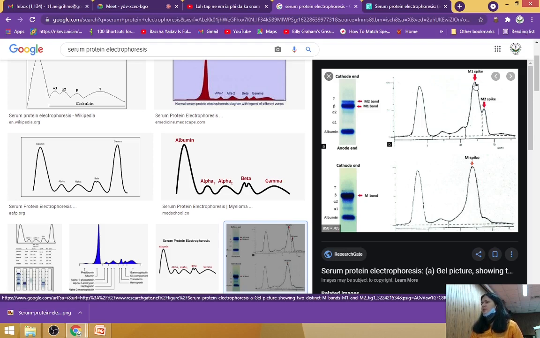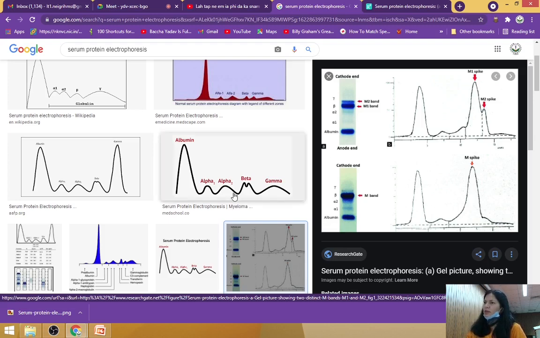But maximum time, the M band is present in the gamma region, and M stands for multiple myeloma. It is present in the plasma cell tumor, which is nothing but multiple myeloma. So the M band is present in the gamma region, and gamma band is decreased in primary immunodeficiency.